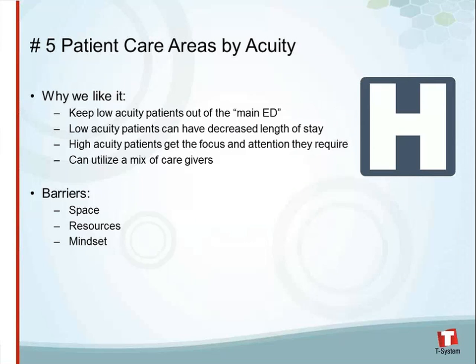And again, this definitely goes back to mindset. This is more of a process than a place as well. But we know that segregating lower acuity patients and treating them quickly gets them out of your emergency department, and it will decrease your length of stay for that population. And the other thing is that your lower acuity patients are the ones that are filling out the patient satisfaction survey for the emergency department specifically.